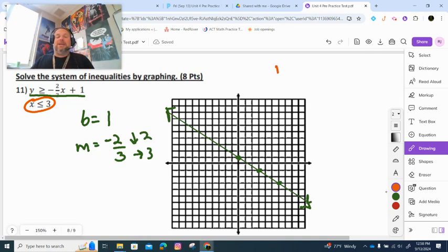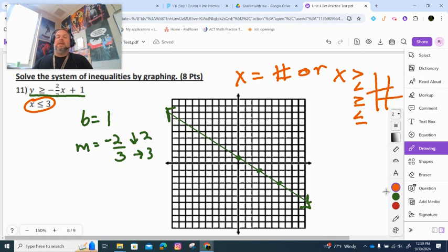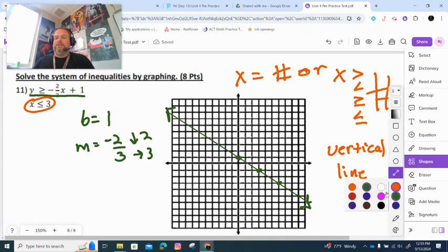So when it's x equals some number, it's a vertical line. Okay, so I go to three, which happens to be right here.